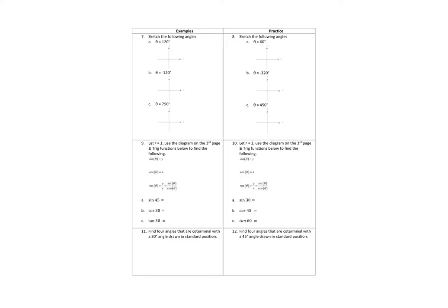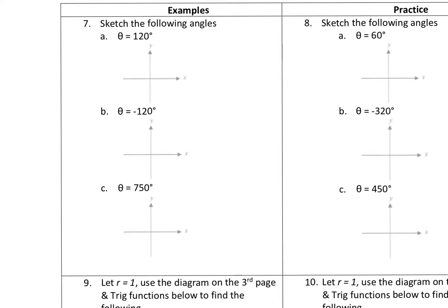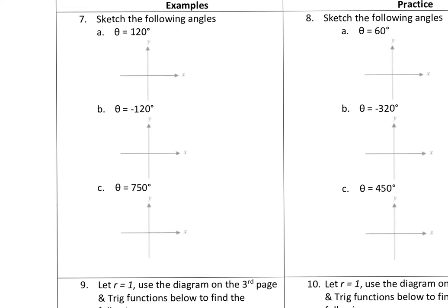Now here comes the tricky part that you guys had a brief introduction to here. Sketch the following angles. This is pretty simple. If you take a look at your angle measurement, notice this says theta equals 120 degrees. That's a positive number.